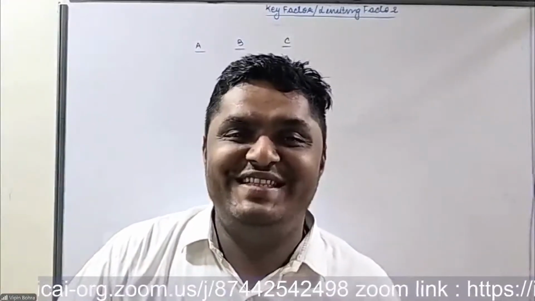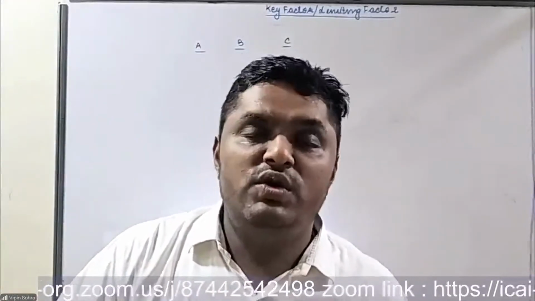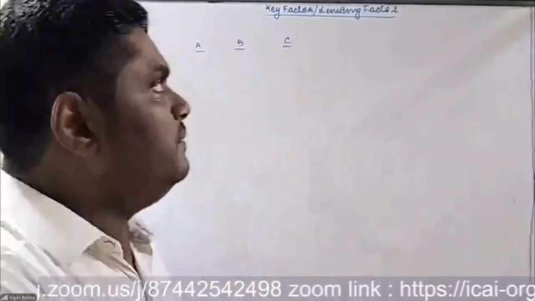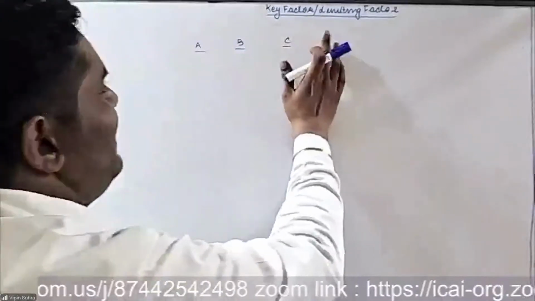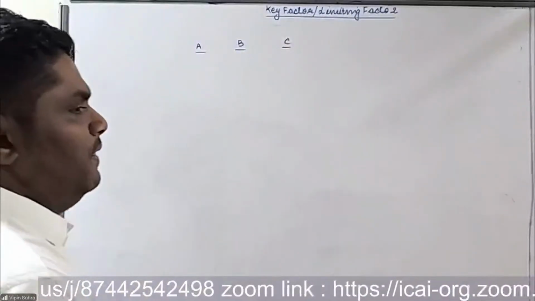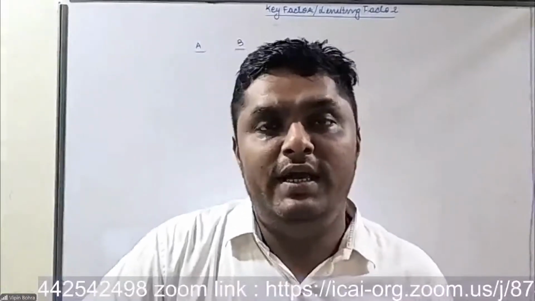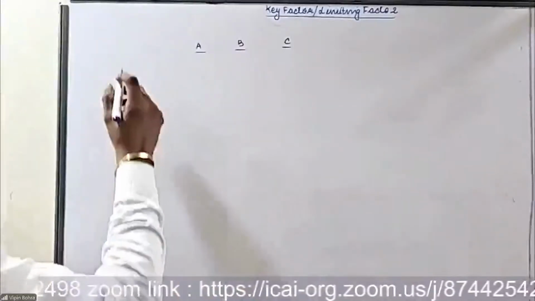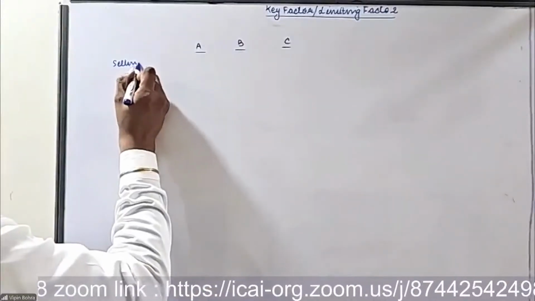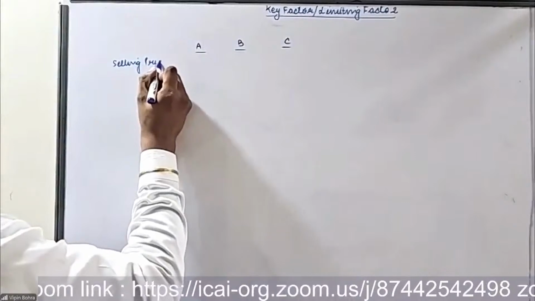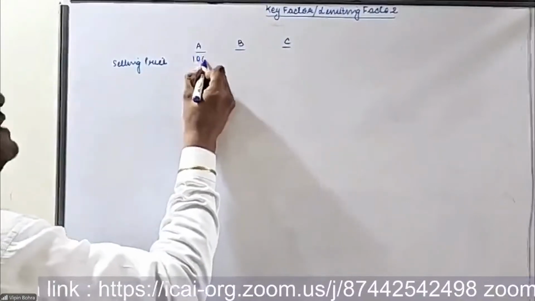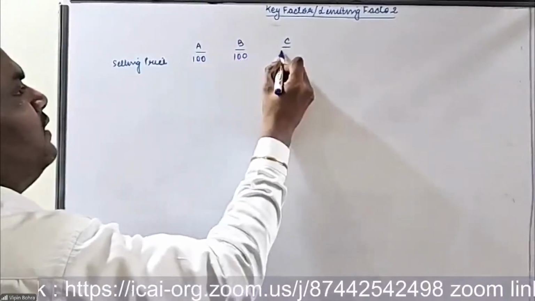Sorry for this technical break. So now let's start. The key factor or limiting factor. Let's say we are manufacturing three types of product: product A, product B, and product C. When talking about the selling price, the selling price of these products is 100, 100, and 100.